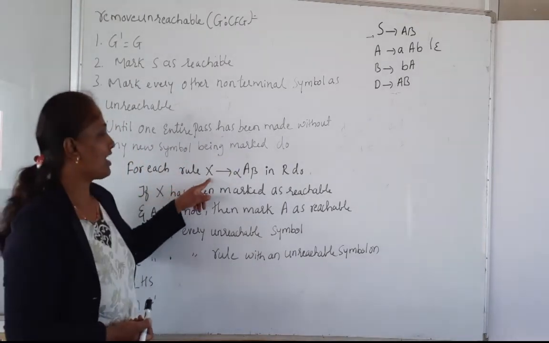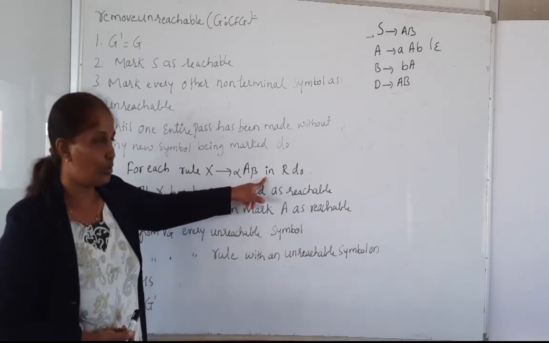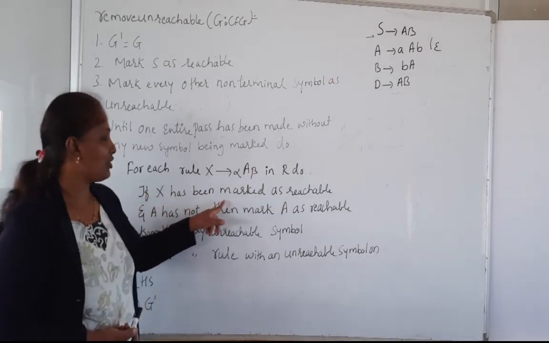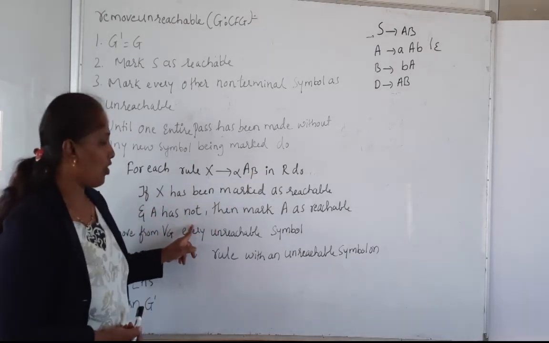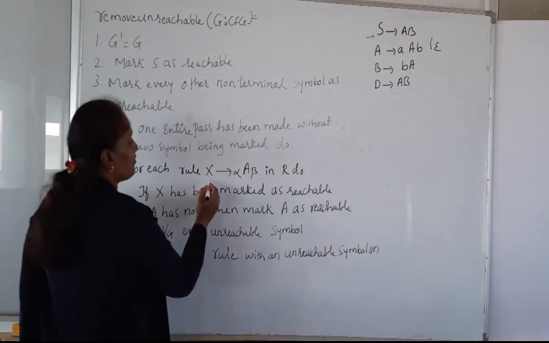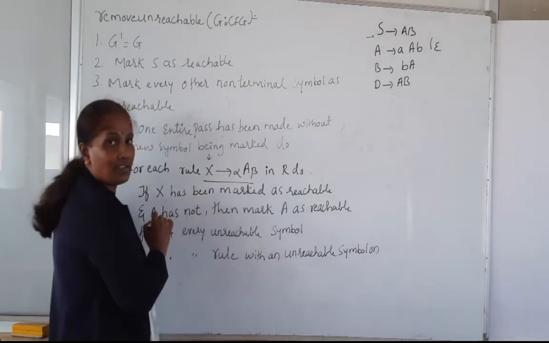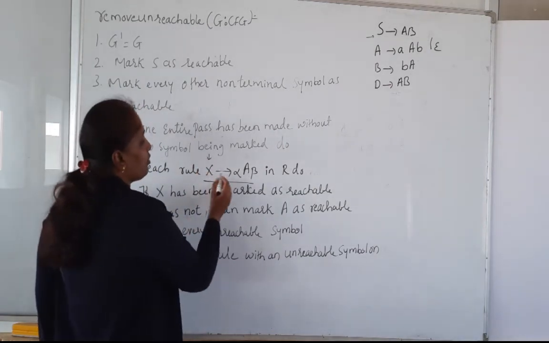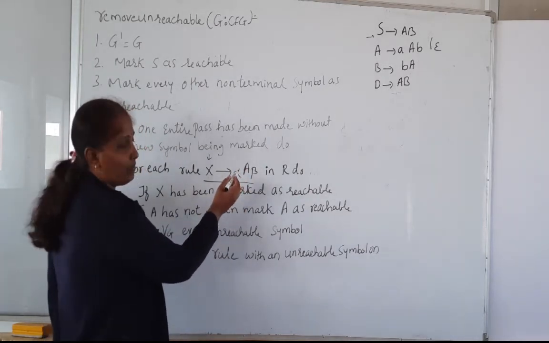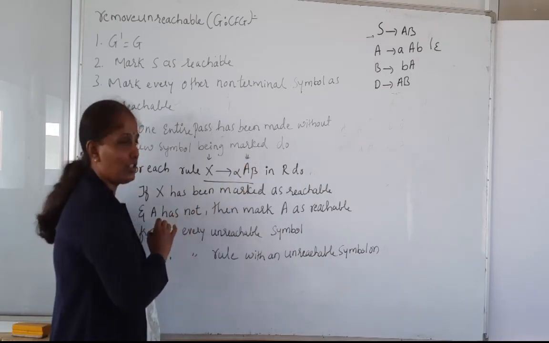For each rule, X produces alpha, A, beta, do: if X has been marked as reachable and A has not, then mark A as reachable. So in this, if your grammar has a rule where X has been marked as reachable, producing alpha, A, beta, where A is a non-terminal symbol here, then you are going to mark this A as reachable.